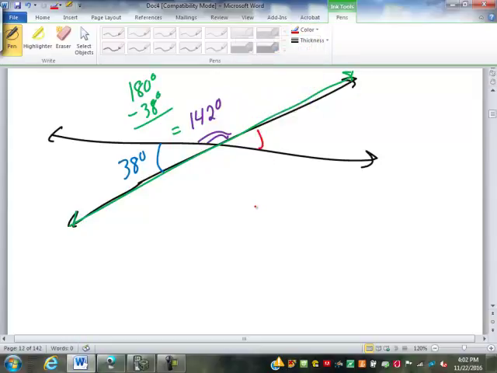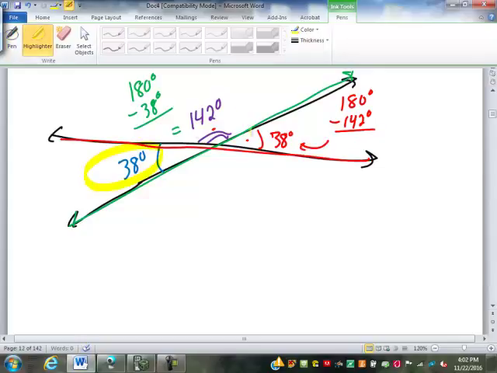What's this angle over here have to be? 38. Because this is a straight line here as well. So those two have to be supplementary. They have to add up to 180. So 180 minus 142 puts us back at 38 degrees.